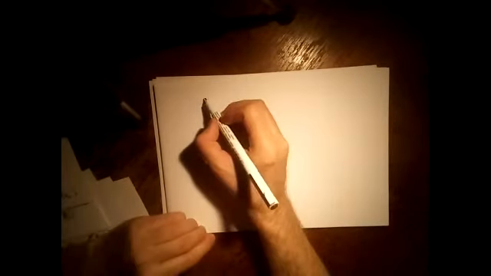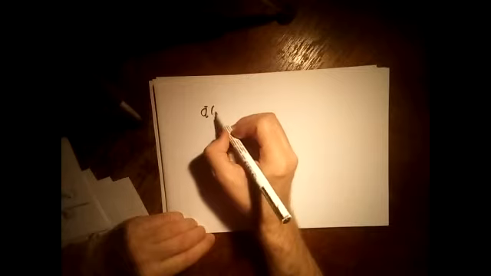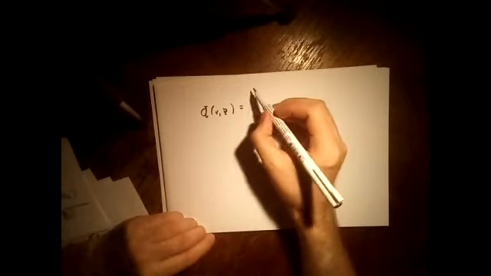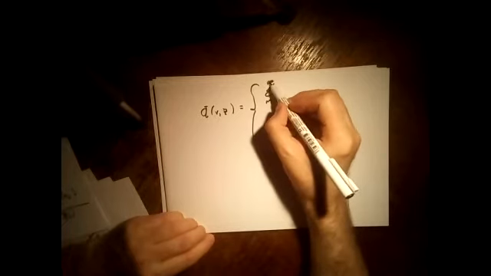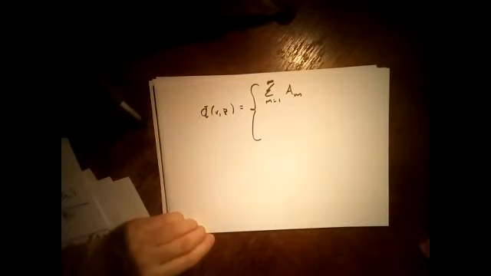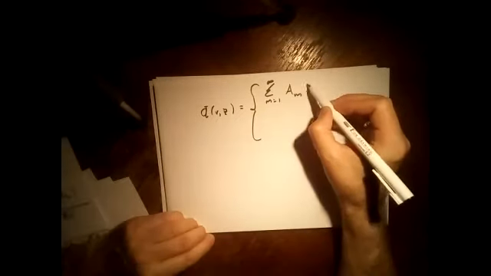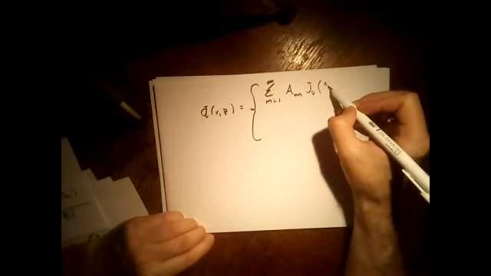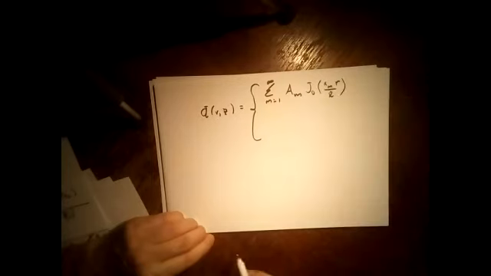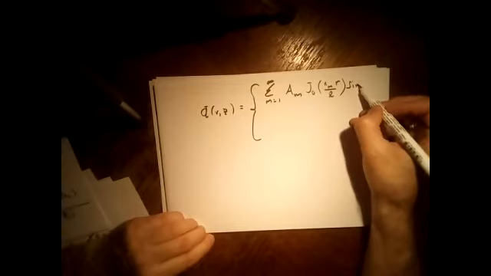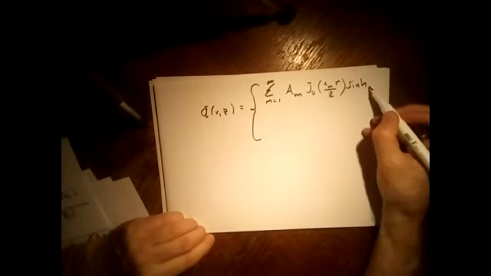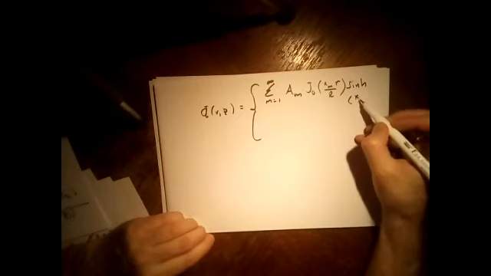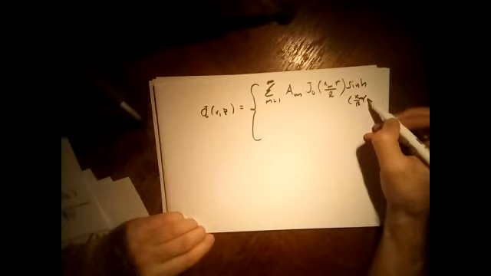Our potential, now I write the whole thing, is going to look like the sum over m from 1 through infinity of a_m, a coefficient, times J0 of x_m r divided by capital R, and hyperbolic sine. Sorry, I ran out of space, so I'll write the argument of this hyperbolic sine as x_m divided by R times z minus h over 2.